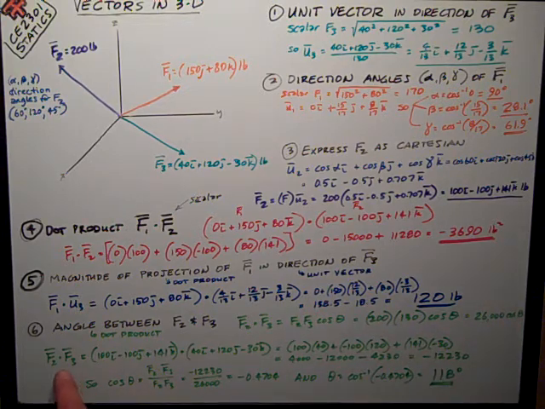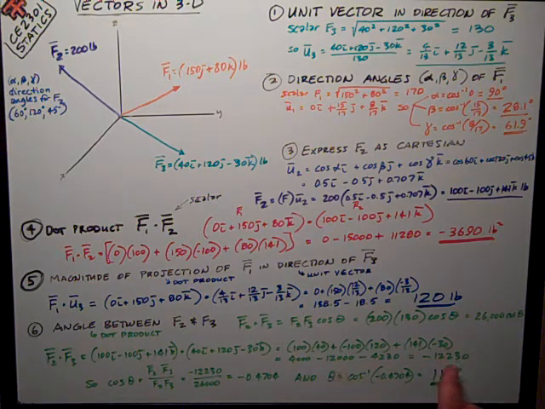Now I need to use the other way I can evaluate a dot product, which is multiply the x, y, and z's together. And so I say F2 dot F3 as vectors is the x is 100 times 40, negative 100 times 120, 141 times negative 30. Evaluate that out. Remember, this is a scalar, just adding up numbers.